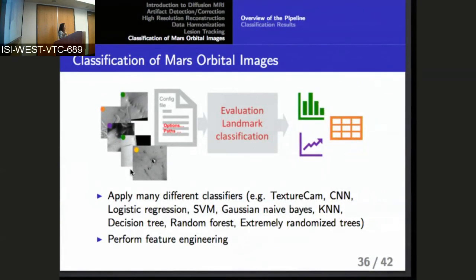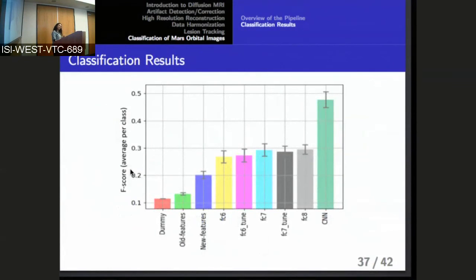I used AlexNet to perform this classification task, and we do, for example, 5-fold cross-validation on our data set. In the output, we automatically report a PDF, which shows the efficiency of these classifiers. And this is just one example of what is reported.